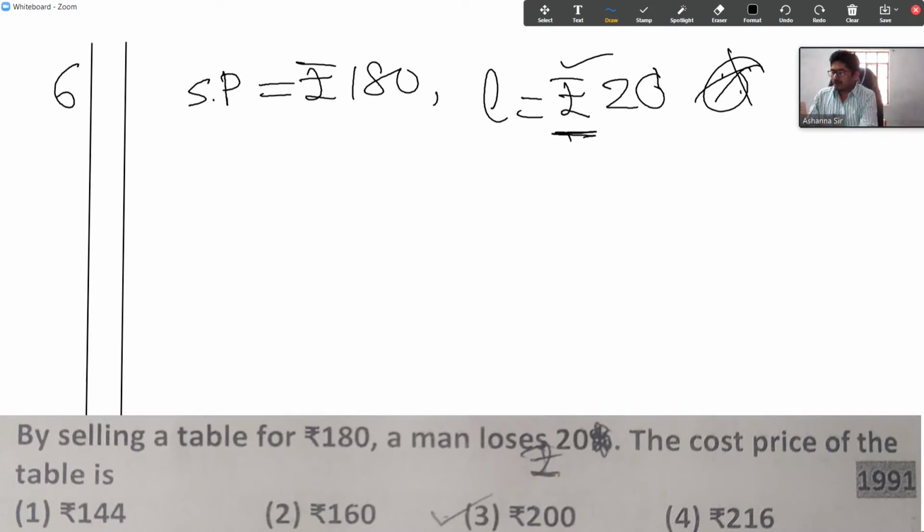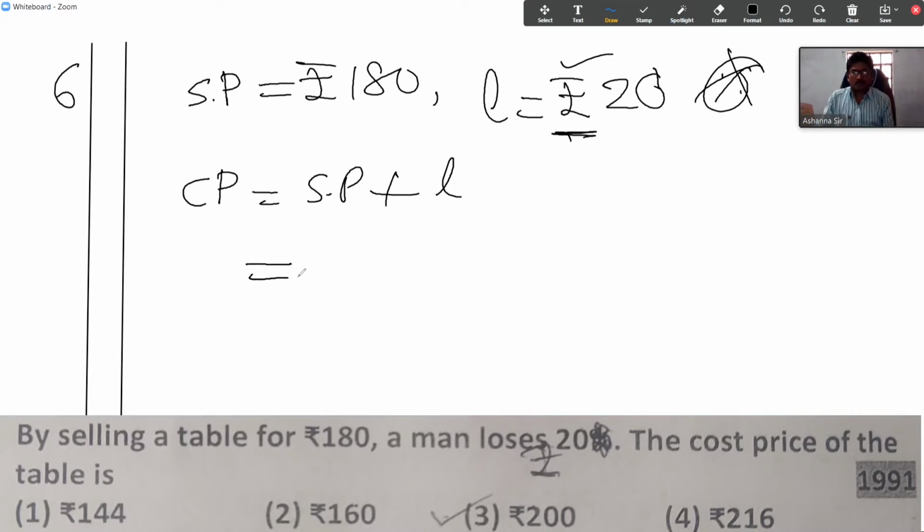So cost price is equal to selling price plus loss. Selling price 180, loss of 20 rupees. So cost price is 200 rupees.